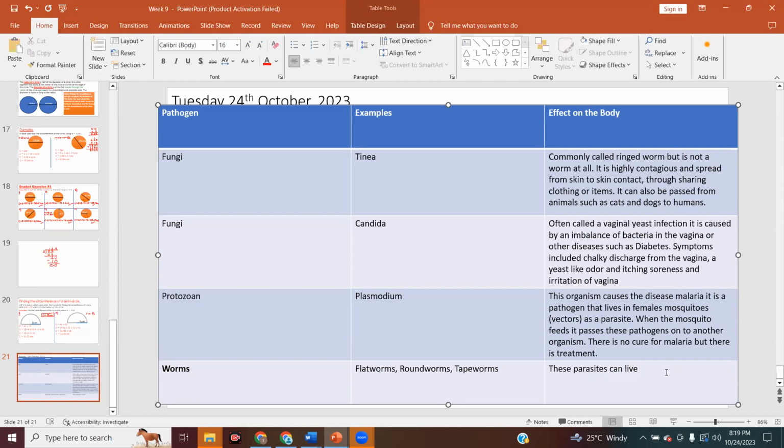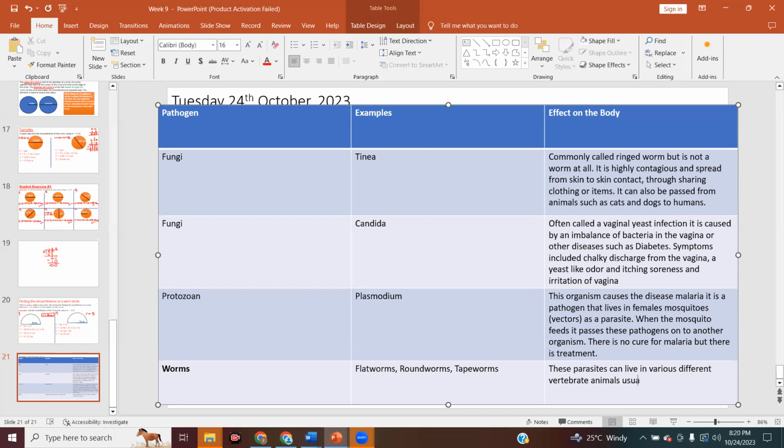So these parasites can live in various different vertebrate animals. Now, if you want to get rid of them, obviously you have to go on a detox and stuff like that. And then they'll come out.